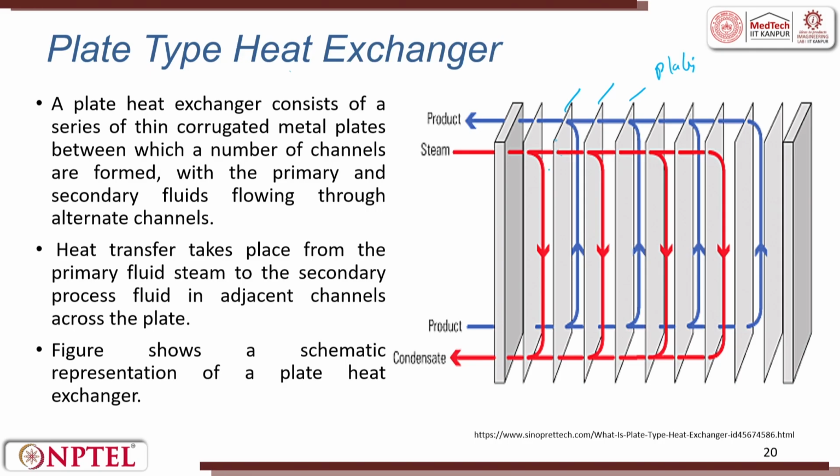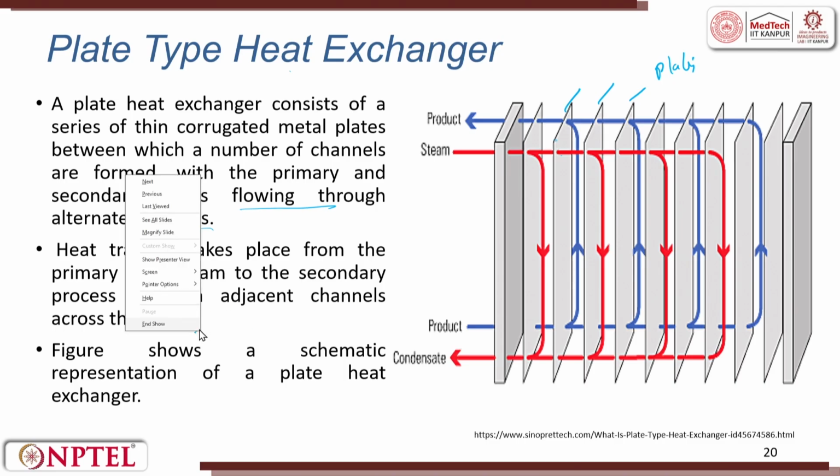Between them a number of channels are formed, with the primary and the secondary fluid flowing through them alternately. So, this is the product which comes out, this is the steam which goes. The heat exchange takes place from the primary fluid to the secondary fluid in the adjacent channel across the plate.